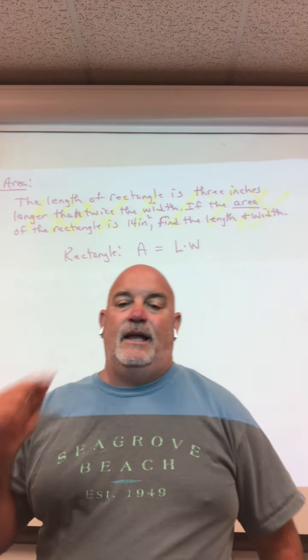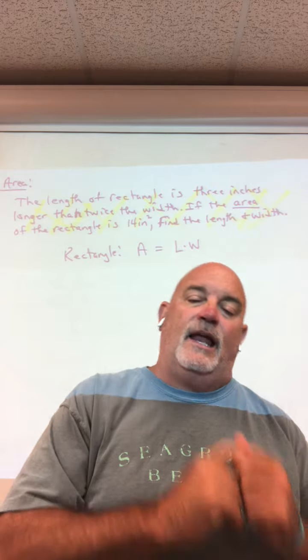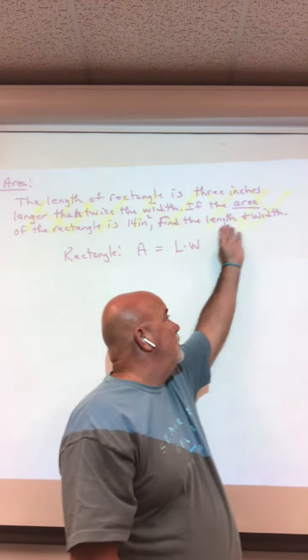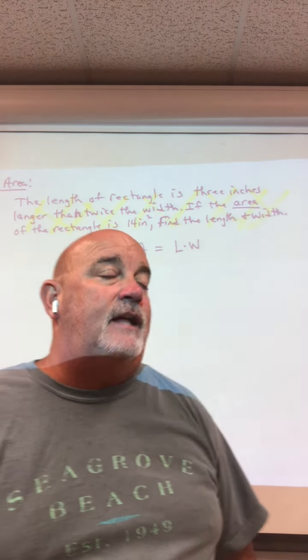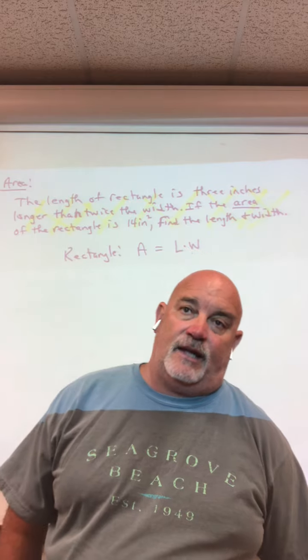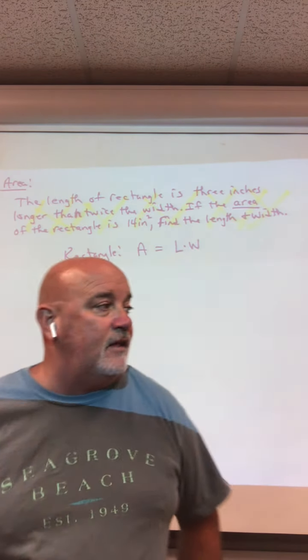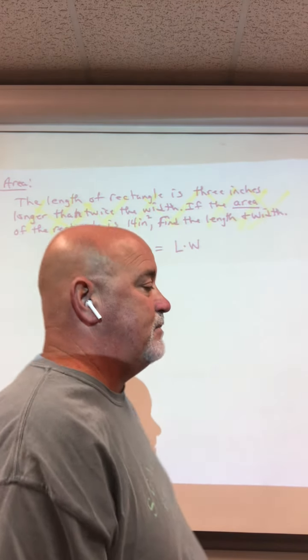Remember, you can't say let x be the length and let x be the width. You can't let x be both of these. Now, you could if you knew they were equal. If it said the length and the width were exactly the same, then I'd say let x be the length, let x be the width. But I can't do that here because I'm not told that. As a matter of fact, I'm told just the opposite.